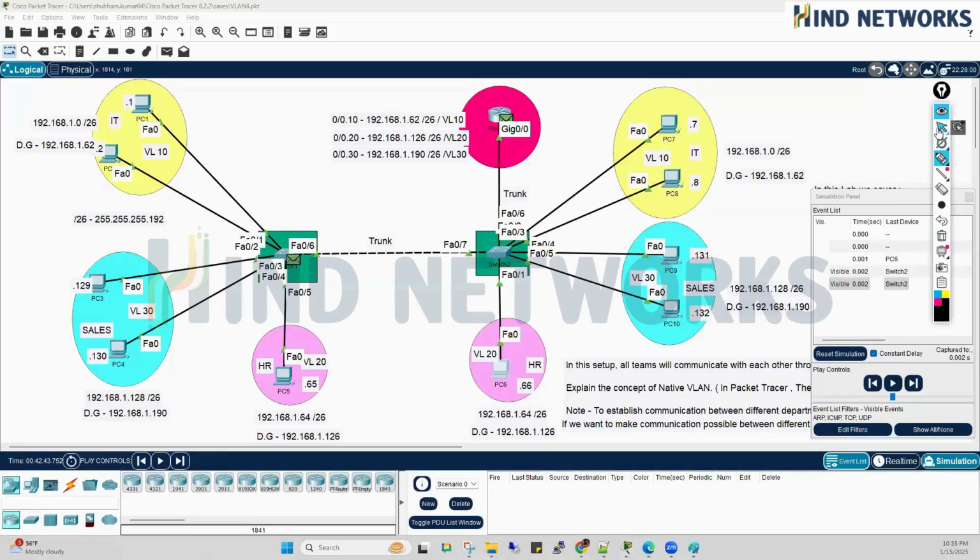Now again, you guys may have confusion. Okay, sir, how did you configure the default gateway here? Because right now on the router, you are using only one link. Yes or no? Right now, I am using only one link, and I configured how many default gateways? Three default gateways: VLAN 10 different, VLAN 20 different, and VLAN 30 different.